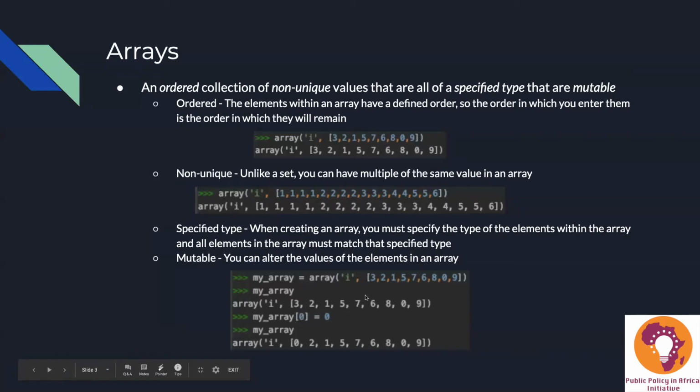We'll talk about zero indexing on the next slide, but I'm saying to replace this first element with the value 0. Now, when I output my array, you'll see that the 3 was replaced with a 0 here. So yeah, you can reference items in the array and you can replace them, so they're mutable. You can update the value of that element in the array.